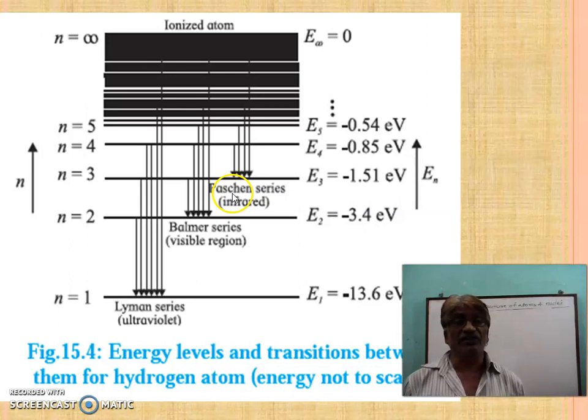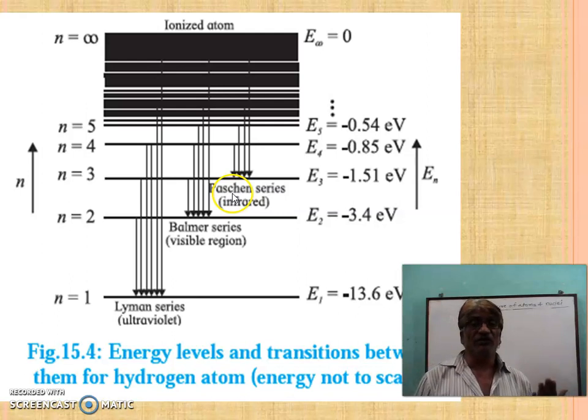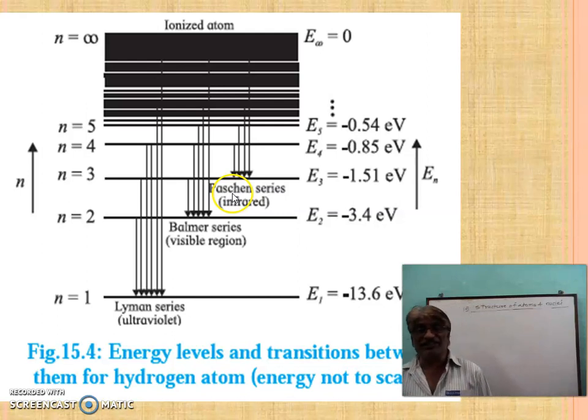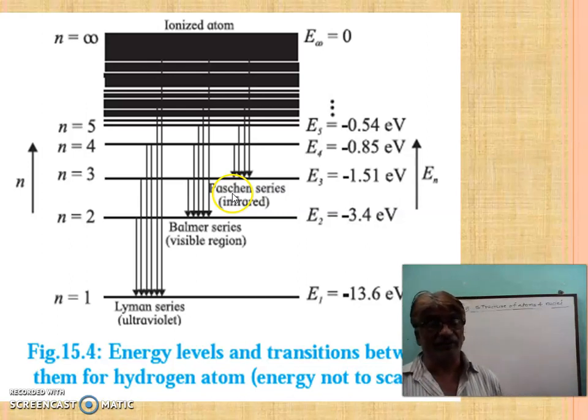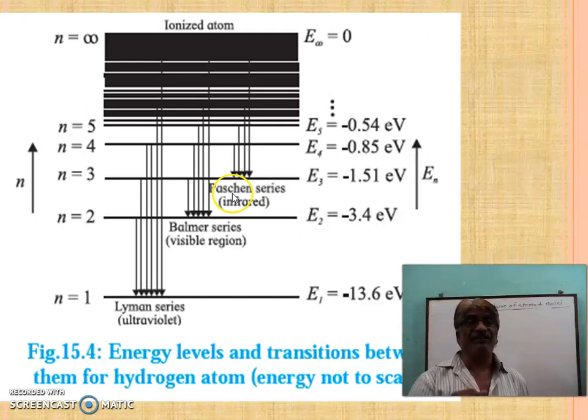When it transitions from the sixth orbit to the third inner orbit, it represents the third line of the Paschen series. We know that the Paschen series arises in the infrared region, but two series are not seen in this diagram in the book.